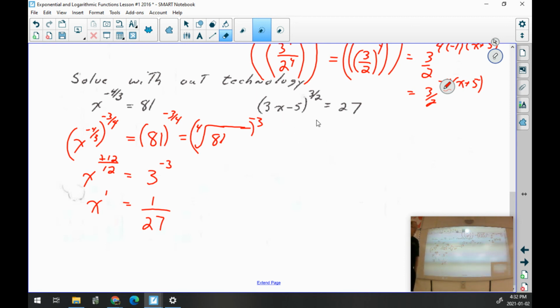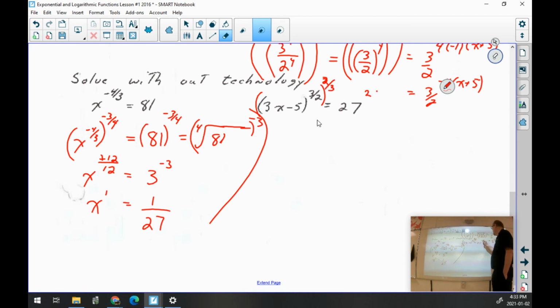Same thing with this radical. We don't want to expand this, for one thing. We want to get rid of that rational exponent above the variable. Now it's the exact same thing. The reciprocal of 3/2 is 2/3.